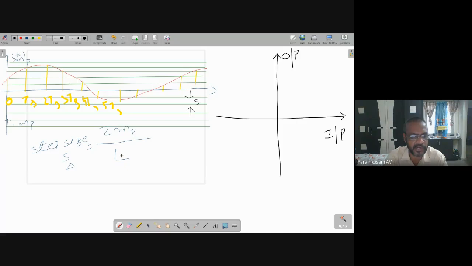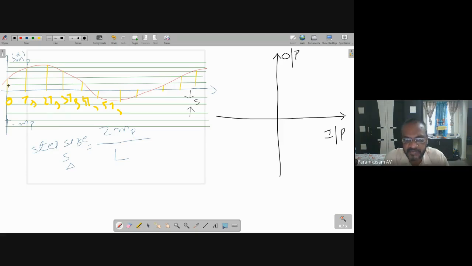S is 2mp by L. What is L? The number of intervals, the number of quantization values. If the input sample lies between 0 and S, what is the output? Can anybody tell?